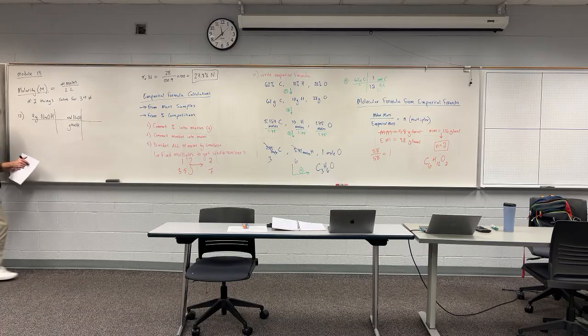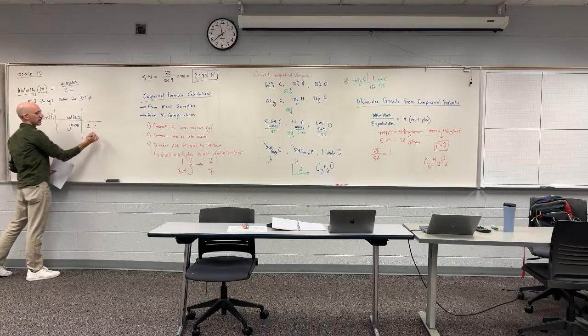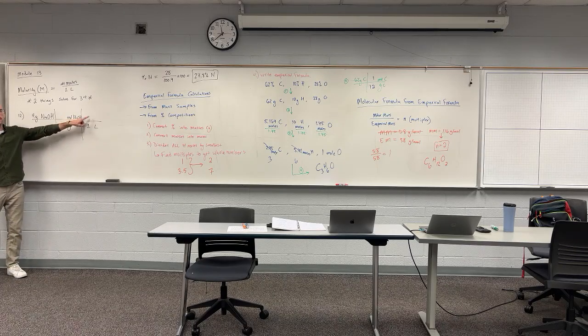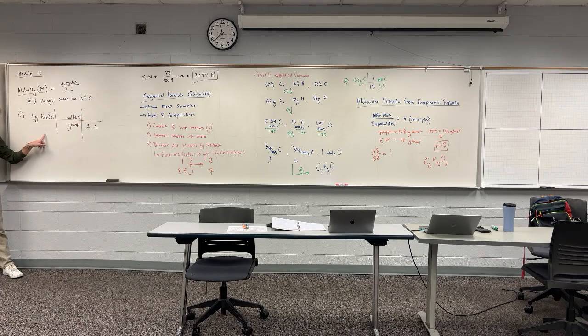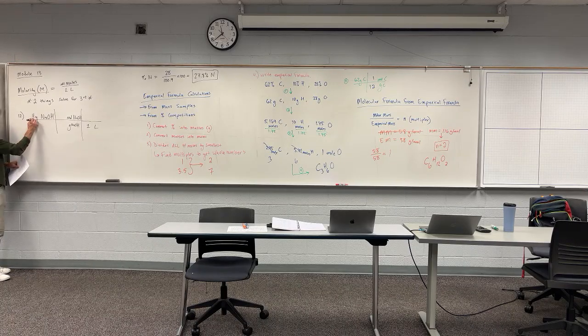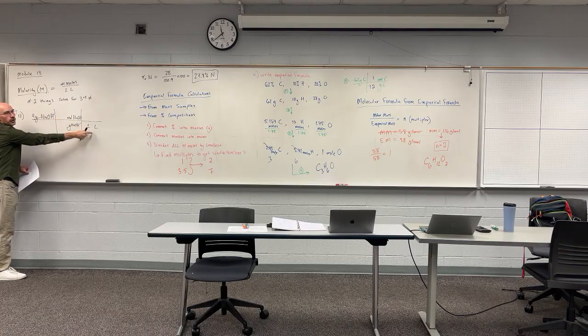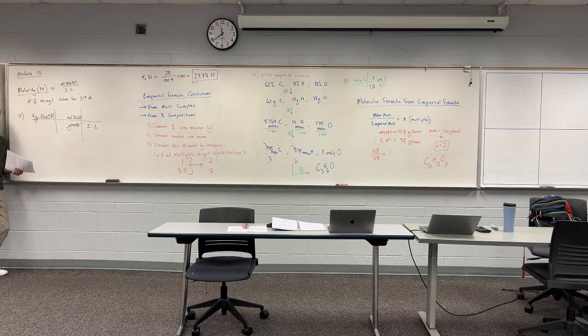Here it tells me that it's per 1 liter. If this feels weird to you to have empty spots in your conversion, just get comfortable being uncomfortable. Because this is going to give me units of grams cancels, moles per liter. That's what I want. I want molarity, moles per liter.